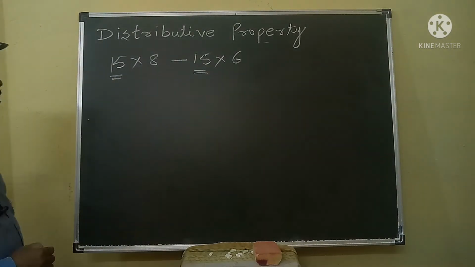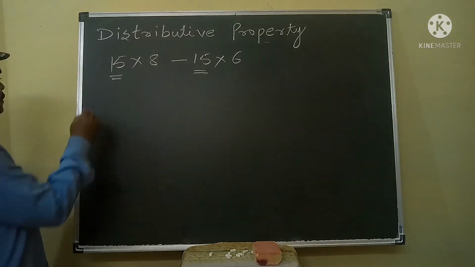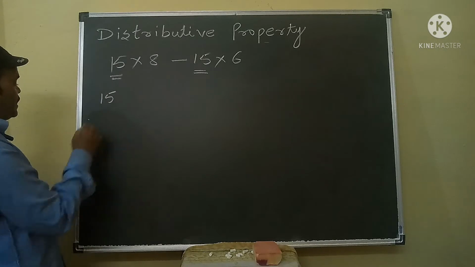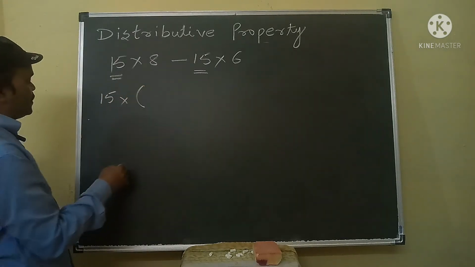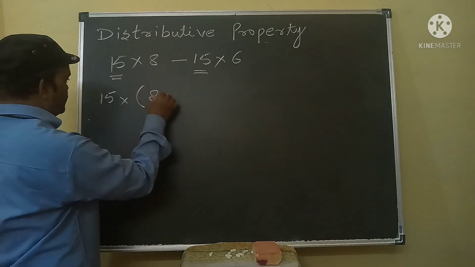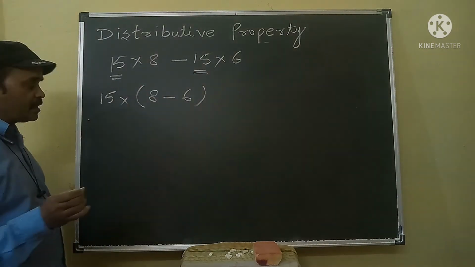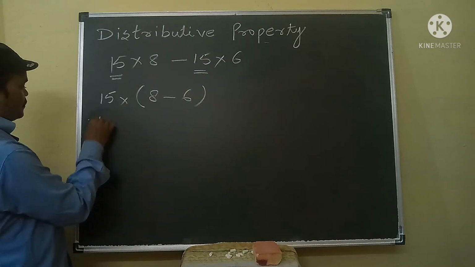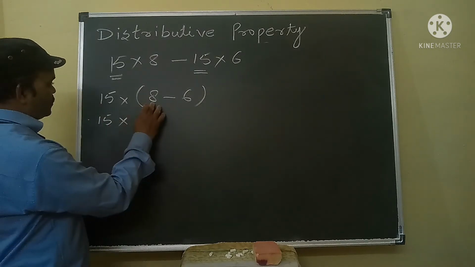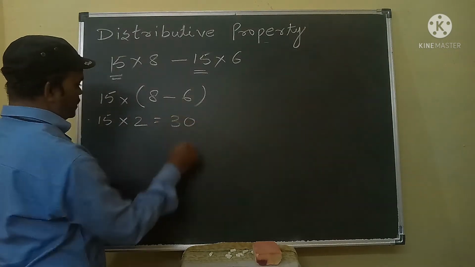So let us take out the common number, 15. Then after, what remains is 8 minus 6. How will you do it? 15 into 8 minus 6, 2, 15 twos are 30.